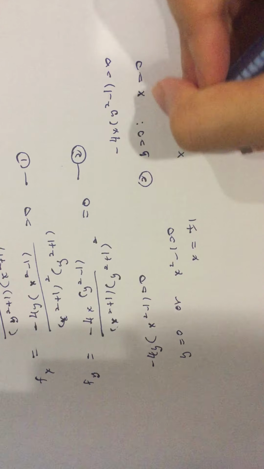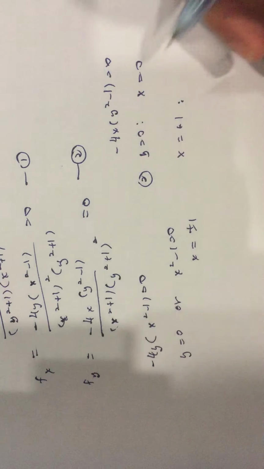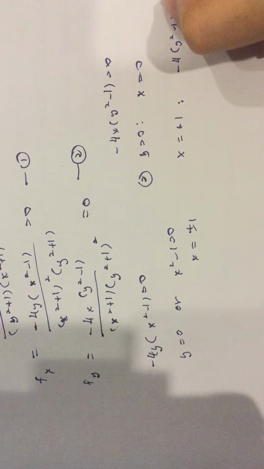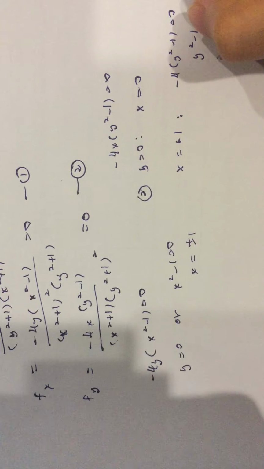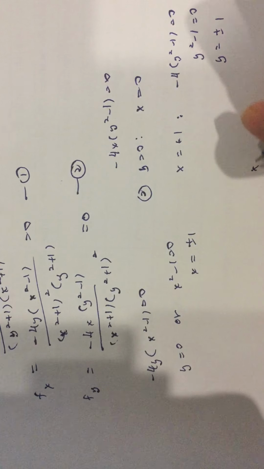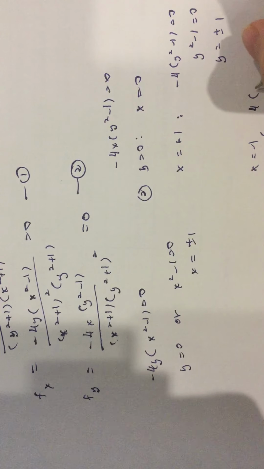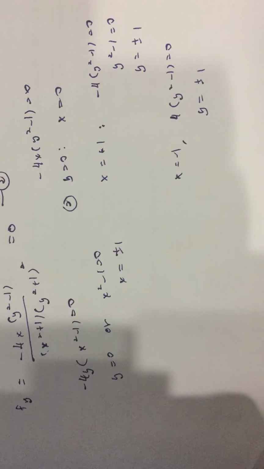And then when x is positive 1, we have minus 4 times y squared minus 1 equals 0, which gives y squared minus 1 equals 0. So we have y equals plus minus 1. And when x equals minus 1, this one is 4 times y squared minus 1 equals 0. Also we have y equals plus minus 1.